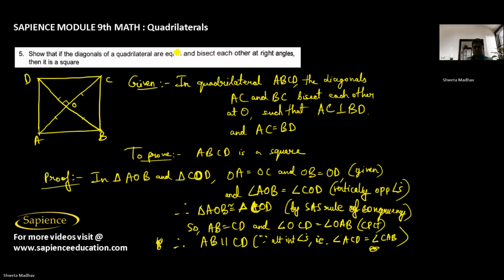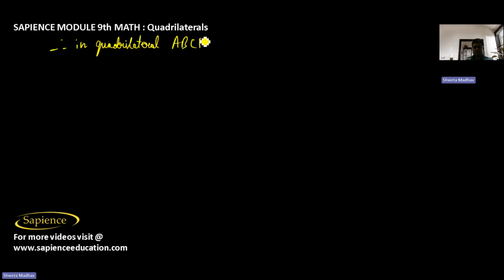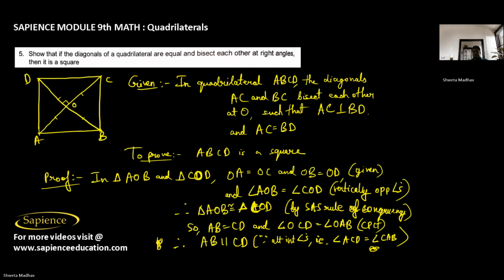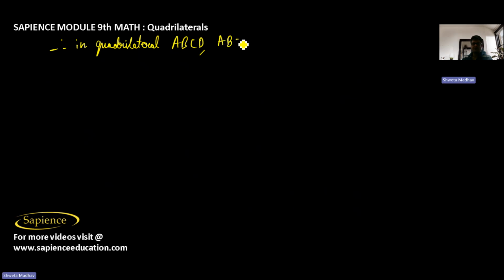Therefore, I can say that in quadrilateral ABCD, opposite sides AB equal to CD and AB is parallel to CD.